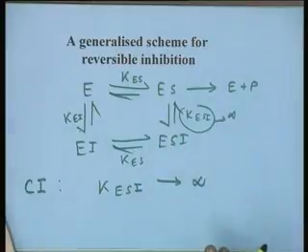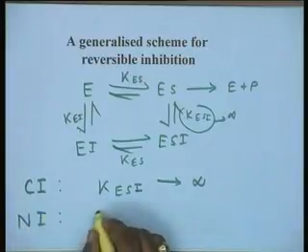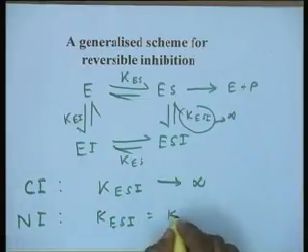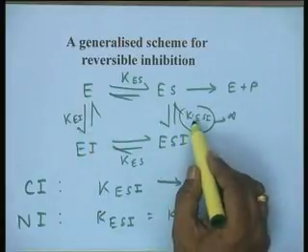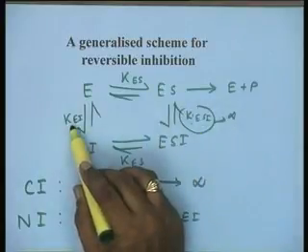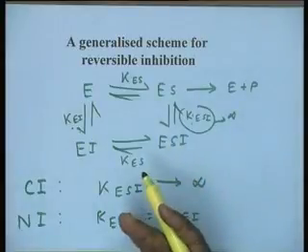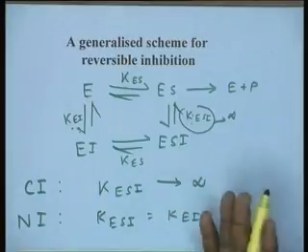In the case of a non-competitive inhibitor, your KESI will be equal to KEI. That means these two dissociation constants are identical, whereas in the case of a mixed inhibition they differ by a factor alpha.